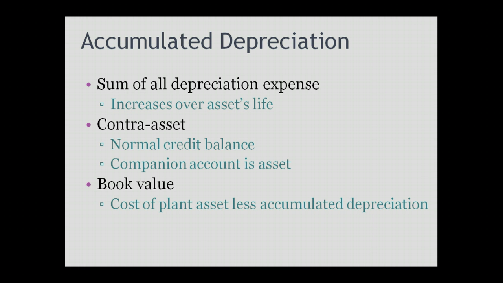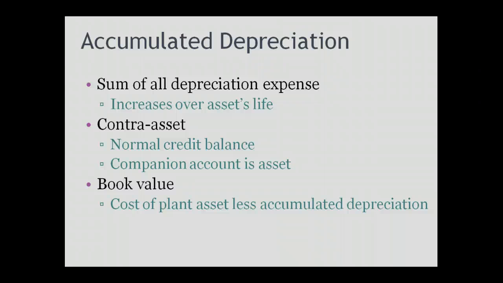To summarize, accumulated depreciation account represents the sum of all the depreciation expense that you have over the asset's life. And as the asset's life increases, the accumulated depreciation also increases.